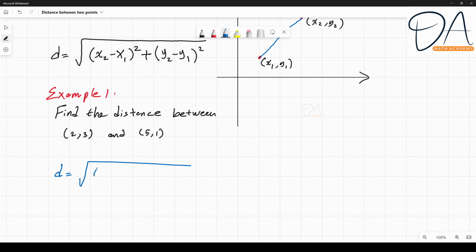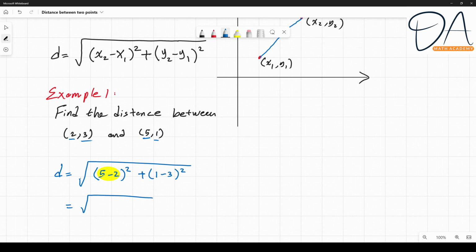So the square root, we take the difference between the x coordinates. The x coordinates here are 5 and 2, so 5 minus 2 squared. And then we take the difference between the y coordinates, 1 and 3. So it's 1 minus 3 squared.